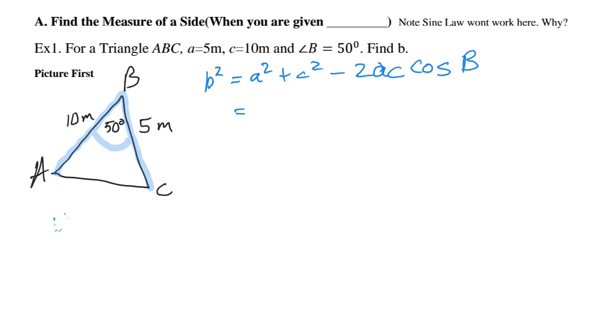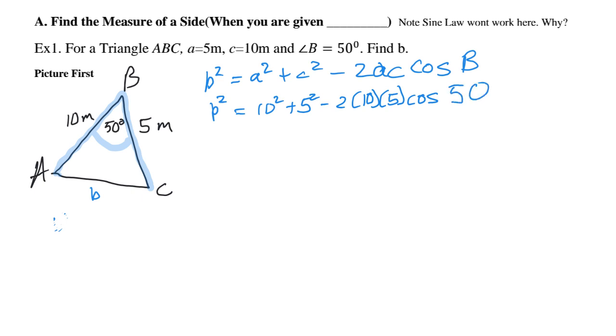We've got the 10, the side that we know, the other side that we know, and then the missing side B that we're looking for. Right? So B squared is going to be 10 squared and 5 squared added together, minus 2 times 10 times 5 cosine of 50.